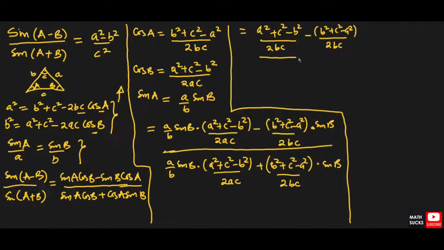Then the entire thing is divided by the same but with addition, so this becomes a squared plus c squared minus b squared over 2bc, then plus b squared plus c squared minus a squared everything over 2bc.